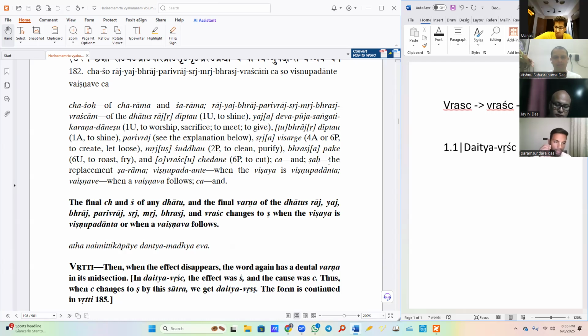And then this sutra says if we have the word Vrasht situated at the end of a Vishnu Pada, then the final varna changes to Sh. So the final varna, which means Charama, will change to Sh as per the sutra. So it becomes Sh.